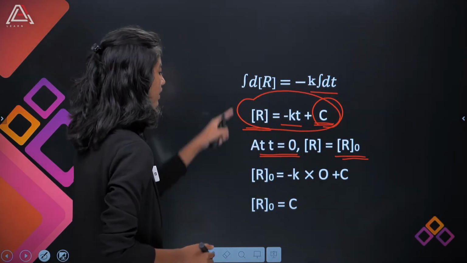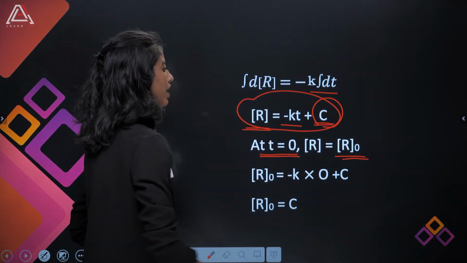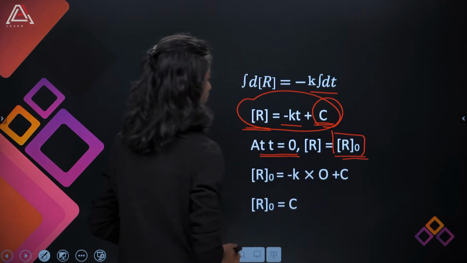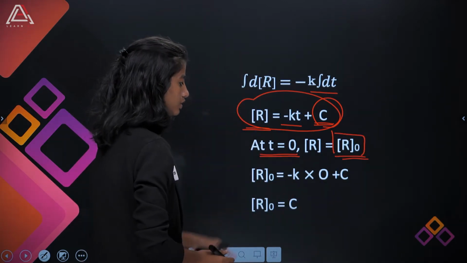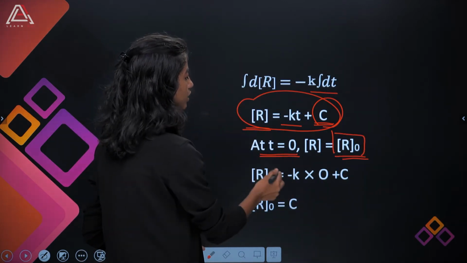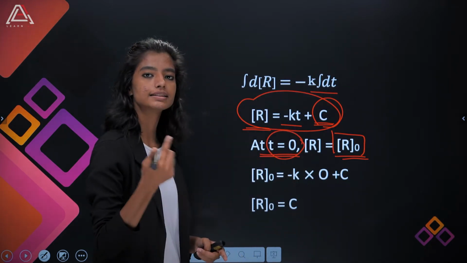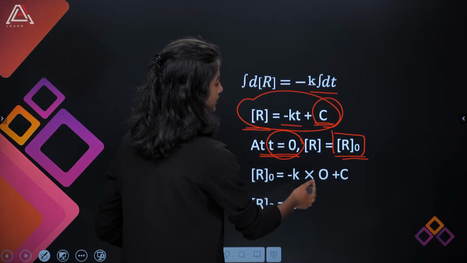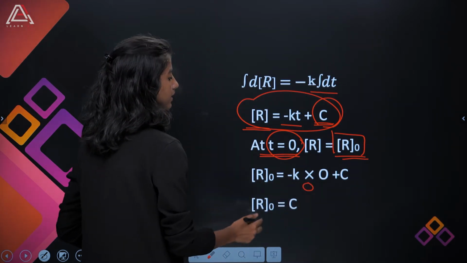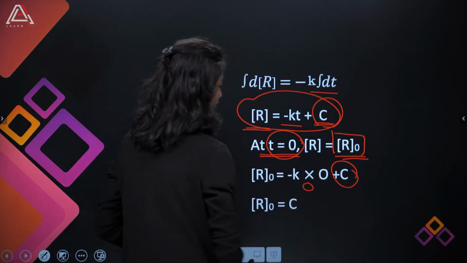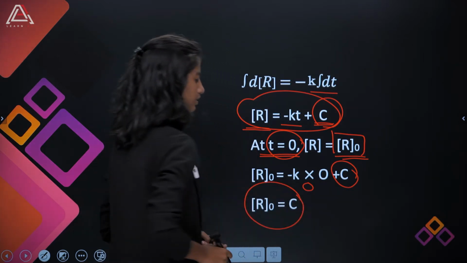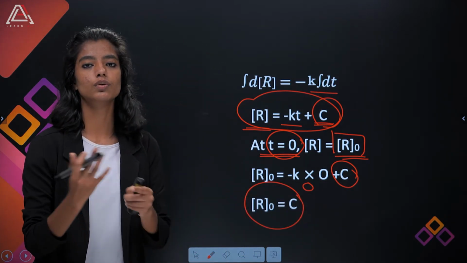So instead of this concentration of R, place R naught. So the concentration of R naught is equal to minus K into 0, because t is equal to 0, minus K into 0 plus C. Minus K into 0 is equal to 0, and the value for the C will become R naught. The concentration of R naught is equal to C.